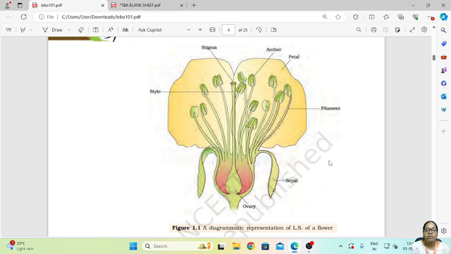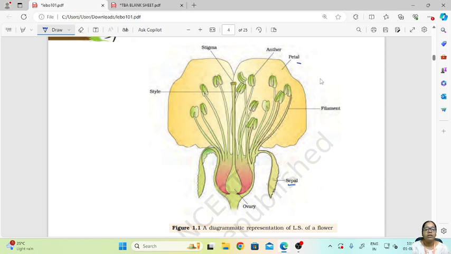So this is the structure of a flower, wherein we can see different parts. The first parts over here are the accessory parts, which are the sepals and the petals. The petals and the sepals form the outer calyx and the corolla of the flower.